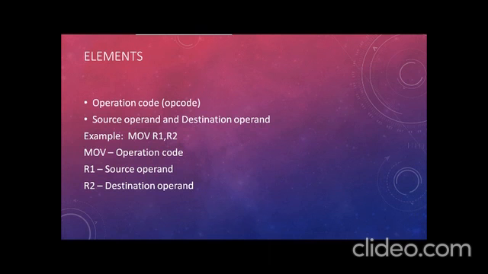Source operand contains either data or the address of the data to be delivered. Destination operand stores the final value. For example, move R1, R2. Here move is the operation code, R1 is the source operand, R2 is the destination operand.